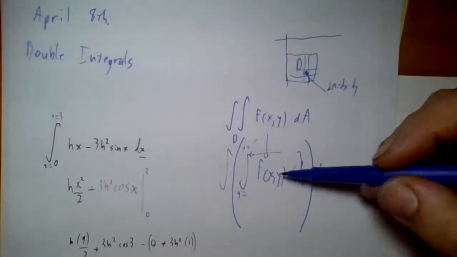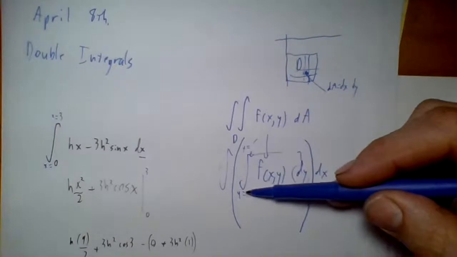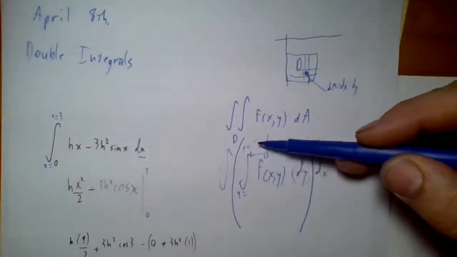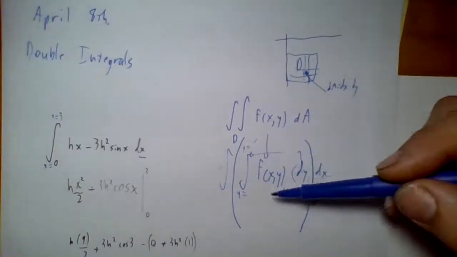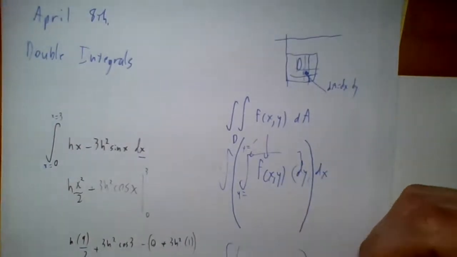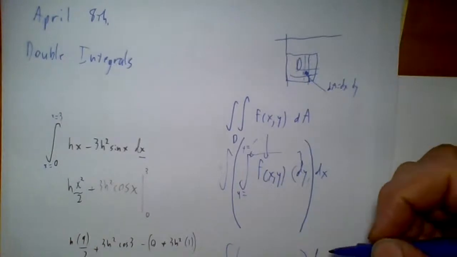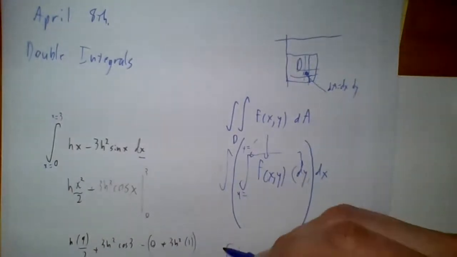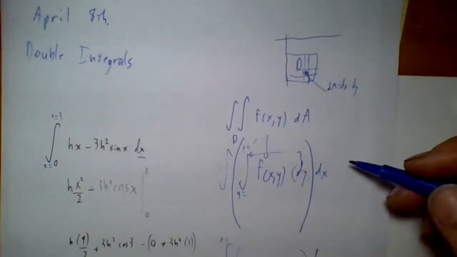And then once I'm done with that, I'm going to substitute whatever's here for y, and I'll only have a function of x left from all of that. So I'm going to have the integral of something with respect to x, where x is the only variable going on in here, and these are going to be x values, numbers out here.